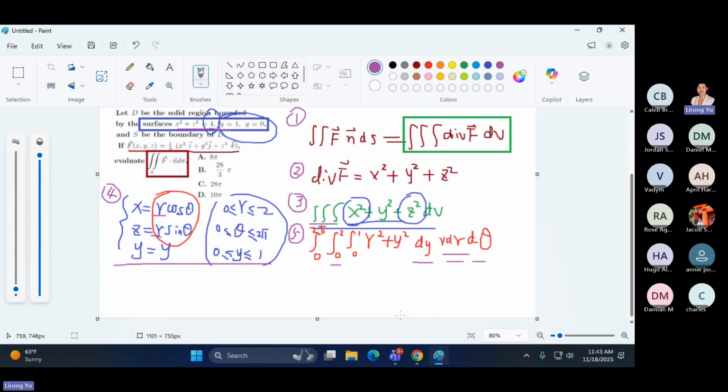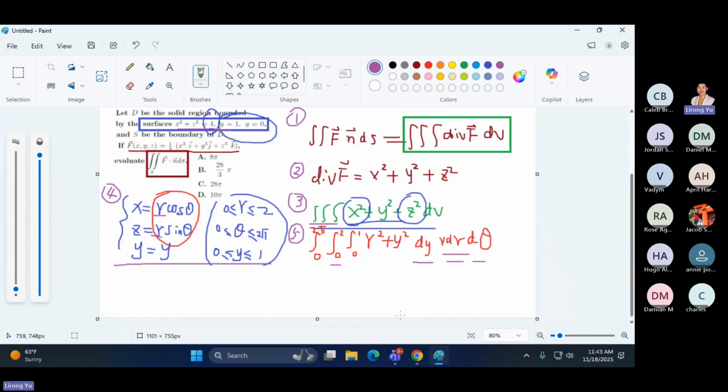For y equals 1, the normal vector will be 0, 1, 0. If you do the surface integral, you have to do the dot product, F dot n. On the cylinder, the normal vector will be 2x, 0, 2z.